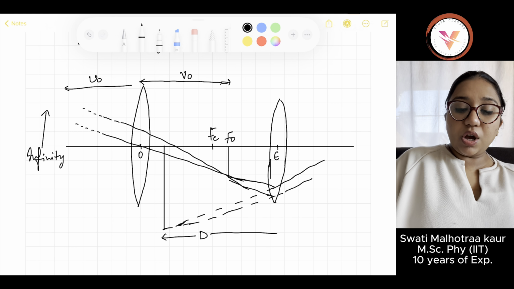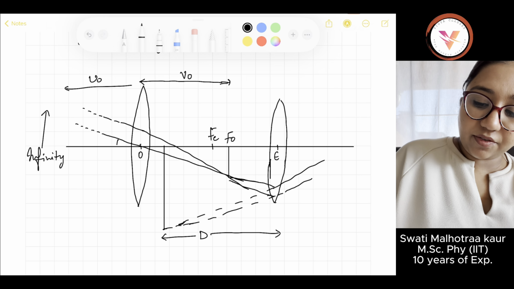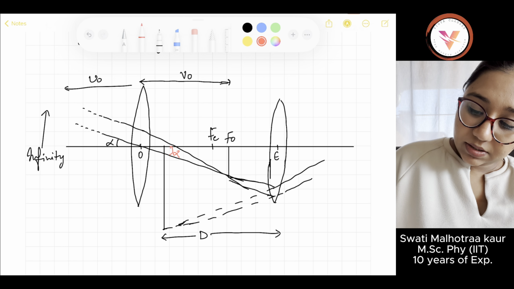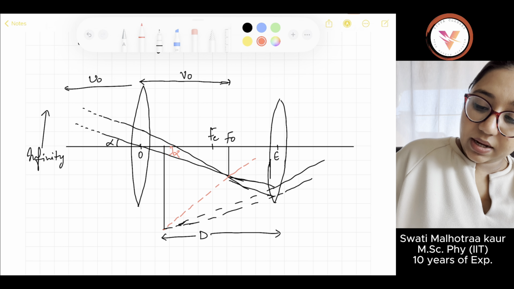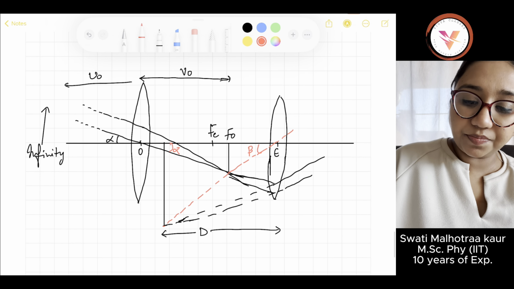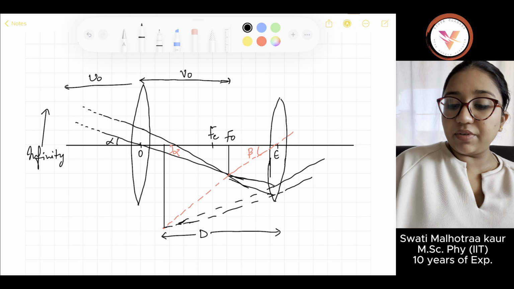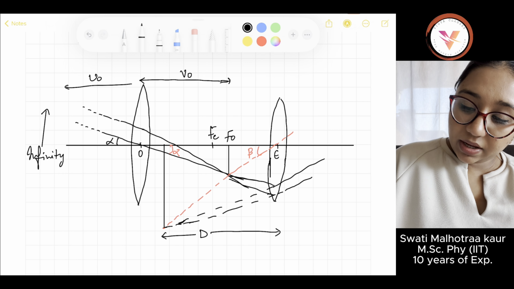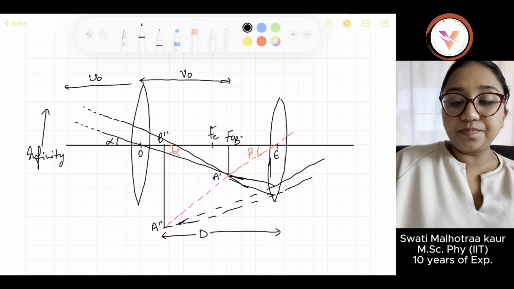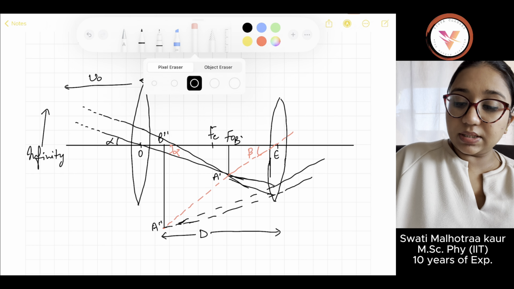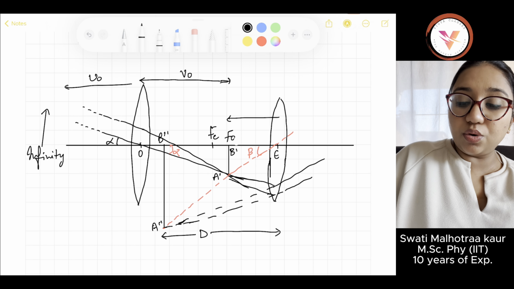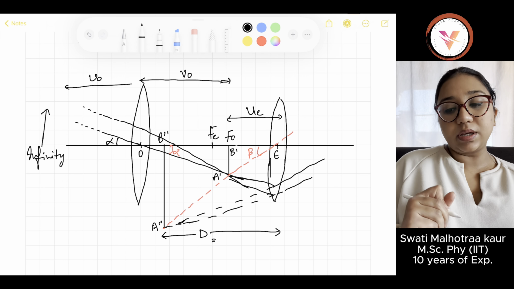Okay, so now if the rays are coming from object and make an angle alpha, then this should also be an angle alpha, and this ray will form an angle beta here. So the formula for magnifying power will remain same. This is my A dash, B dash, this is A double dash, B double dash, and basically this distance will be my UE. This distance will be my UE, and this is equals to VE. Fine.